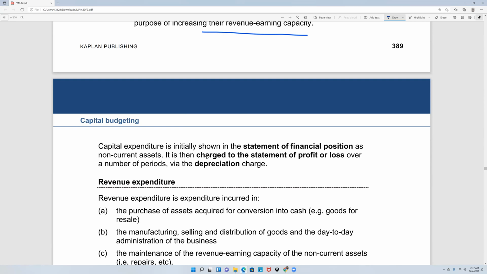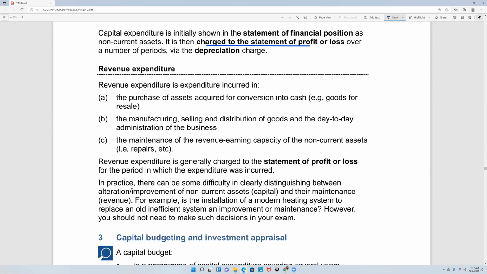It is then charged to the statement of profit and loss, and depreciation will be taken into consideration. Revenue expenditure is the expenditure incurred on purchases of assets acquired for conversion into cash, something stock related, which you have purchased for resale.